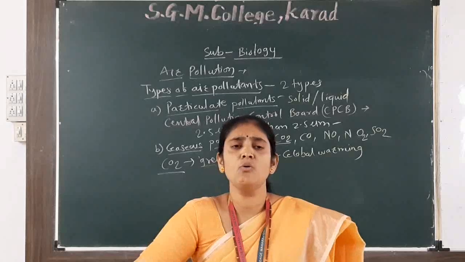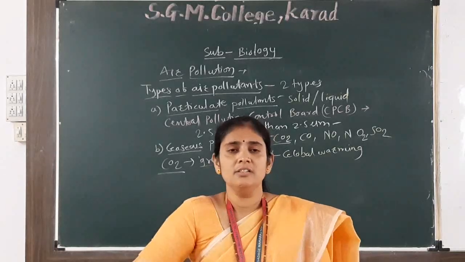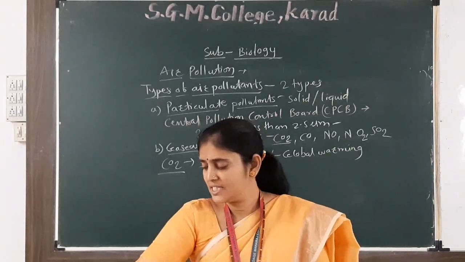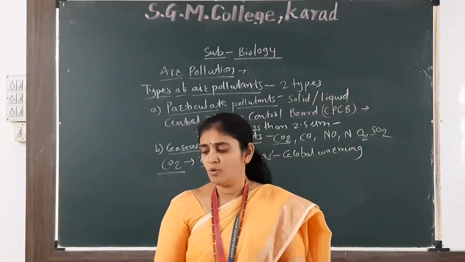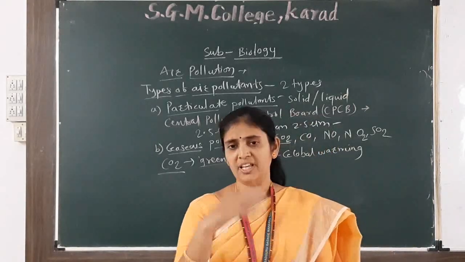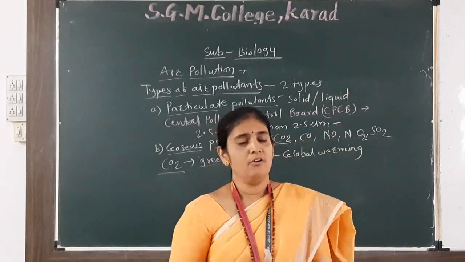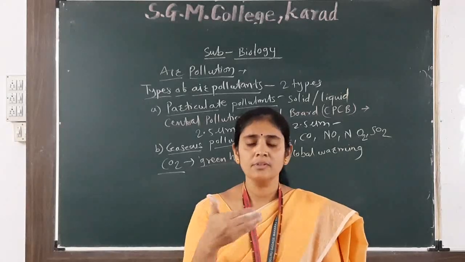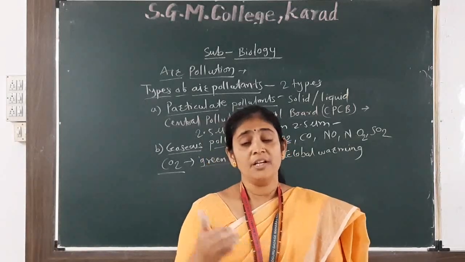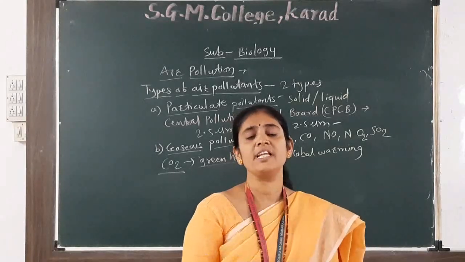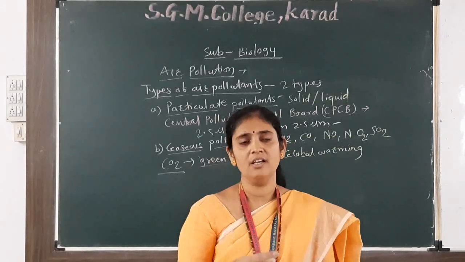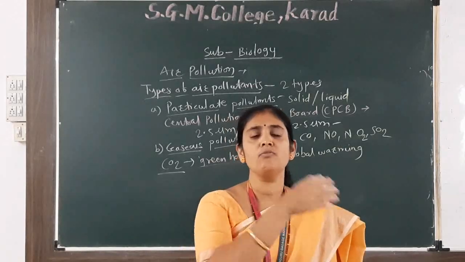Now, how is this CO2 produced in high amount? What are the causes? So here we can see the increase in CO2 takes place due to burning of fossil fuels which are present on the earth, or when we are doing deforestation, means cutting of trees, because trees are most important factors which are using the carbon dioxide for photosynthesis.